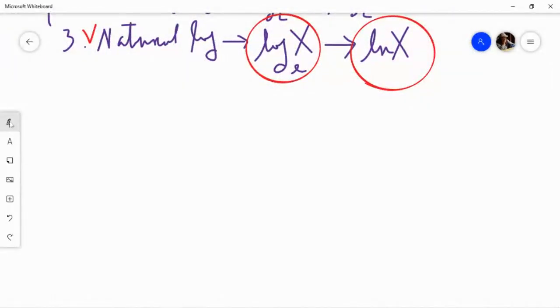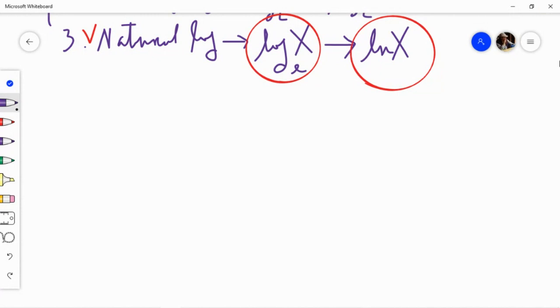So first of all, we need to understand what Euler's number is, because Euler's number is the basis of the natural log. It's literally the base of the natural log, right? So then, what is Euler's number?